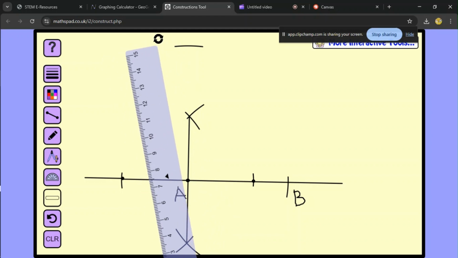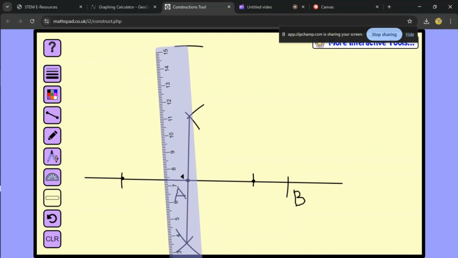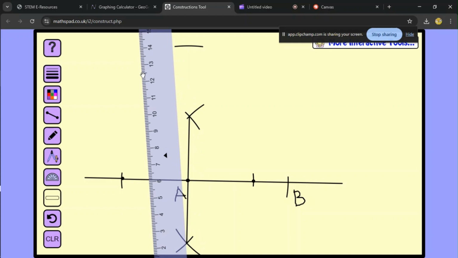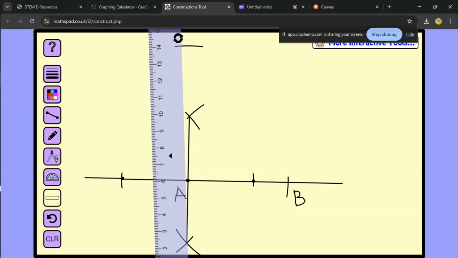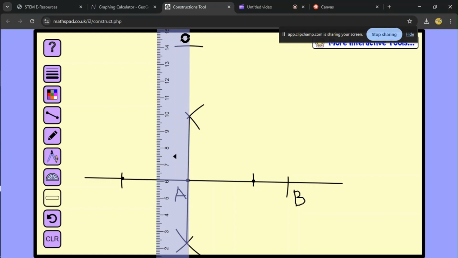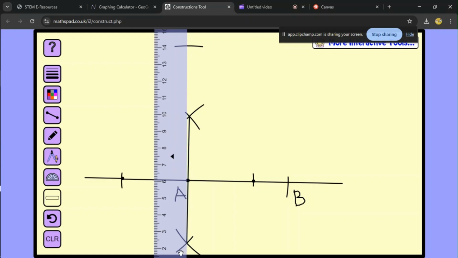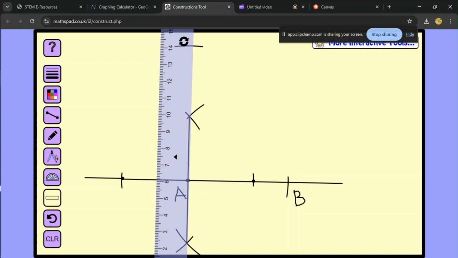I want to extend this one. You make sure your line is perfect so that you have a line passing through there. Hope mine will be perfect. So I draw a straight line somewhere there. Good.